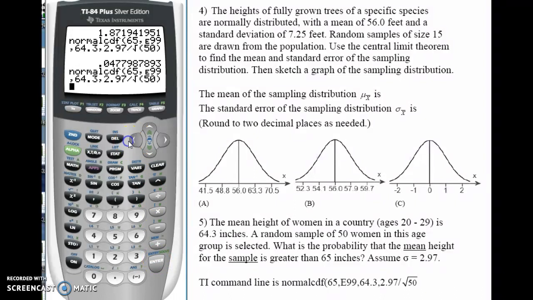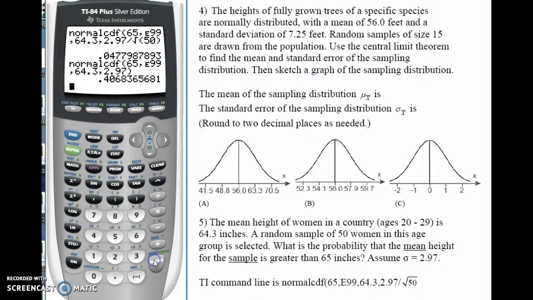The difference will be that we are not going to divide by the square root of 50. We could divide by the square root of 1, but the square root of 1 is 1, and any number divided by 1 gives us the same number. So we're just going to get rid of all this because we are not talking about the mean. We're not talking about a sample in the question.